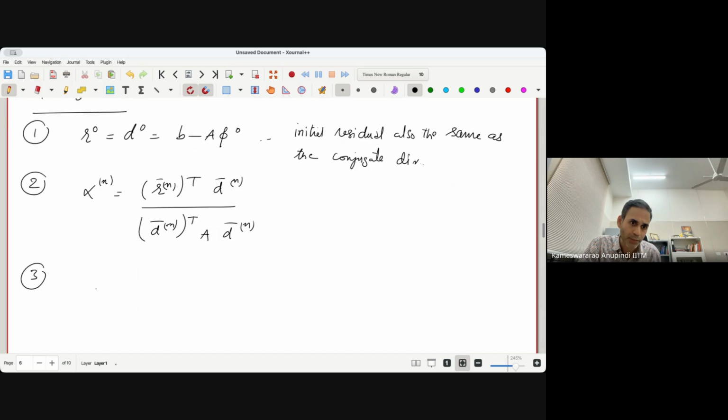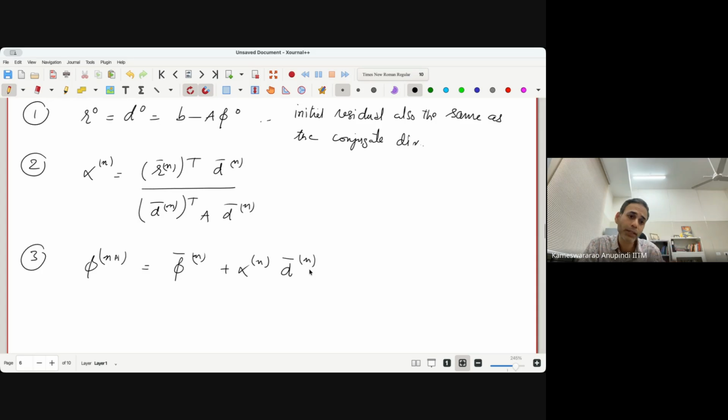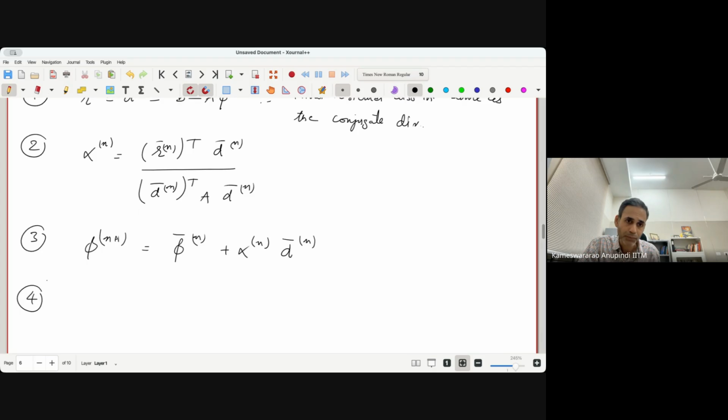So once I know alpha n, I can calculate what is phi n plus 1. Phi n plus 1 is nothing but phi n plus alpha n d n. Because I know d n and alpha n, I can calculate my new guess for phi n plus 1.